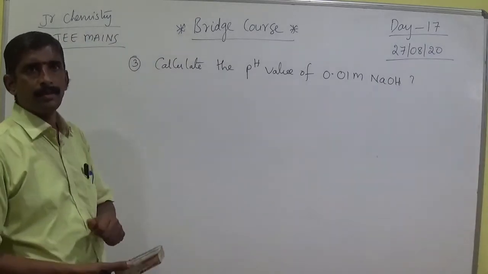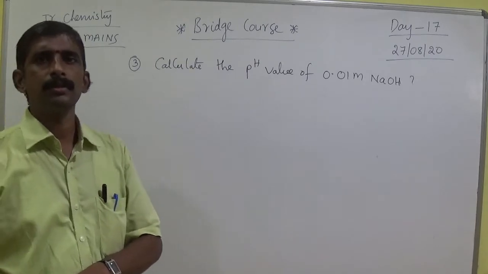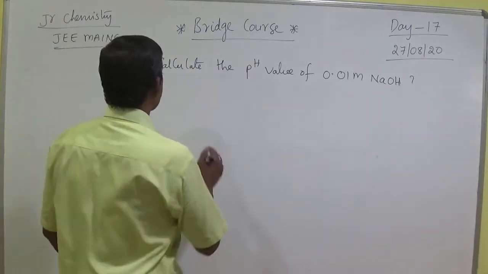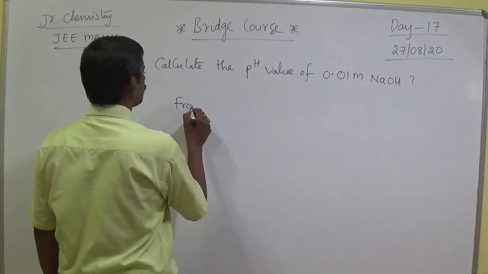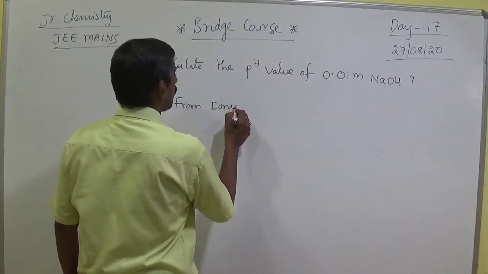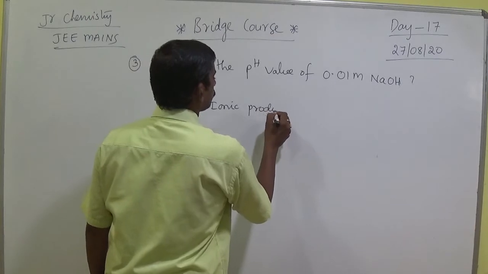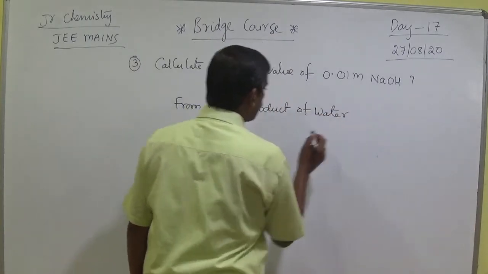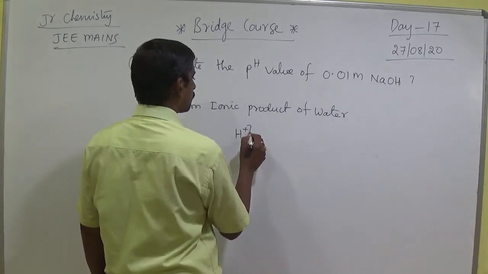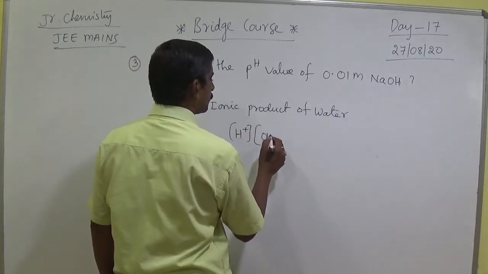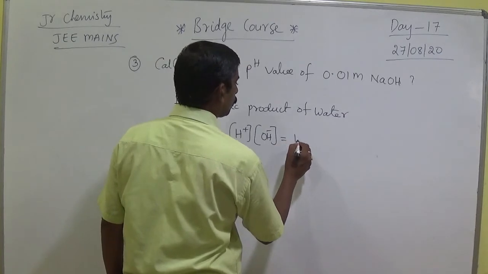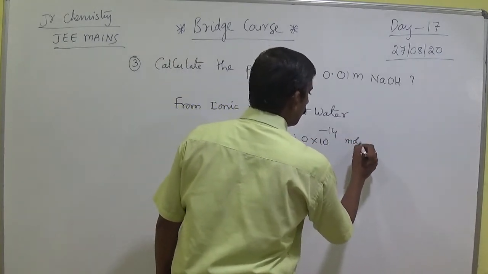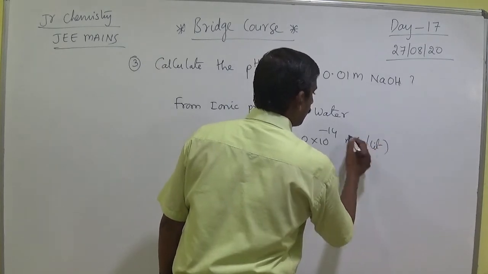One formula is there. pH is calculated by using H plus. Here H plus is not there. According to the ionic product of water, generally H plus concentration and OH minus ion concentration equal 1 into 10 to the power minus 14 moles per liter square.